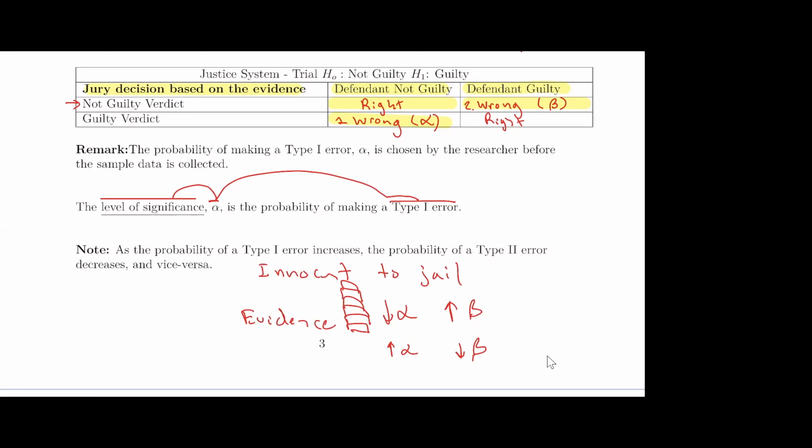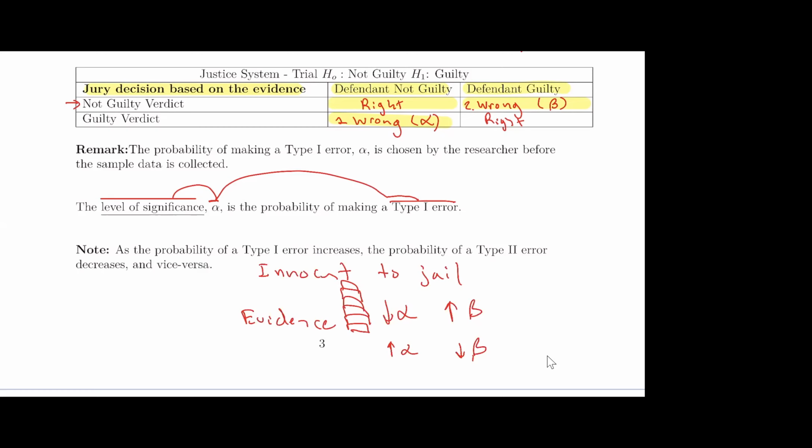As long as they give you a dirty look, you're going to send them to jail, because you'll think, obviously this person did it. So type 1 and type 2 error work off of each other. If you lower the chances of making a type 1 error, you're making it easier to make a type 2 error, or vice versa.